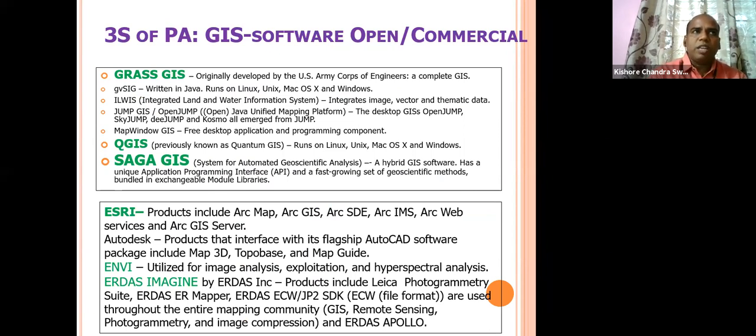Commercial types, there is ArcGIS, and we have ENVI. Those software you have to purchase, but we still have some software available in the free domain, like GRASS, QGIS, SAGA GIS. These software are used to analyze the data we have collected through GPS and field visits.